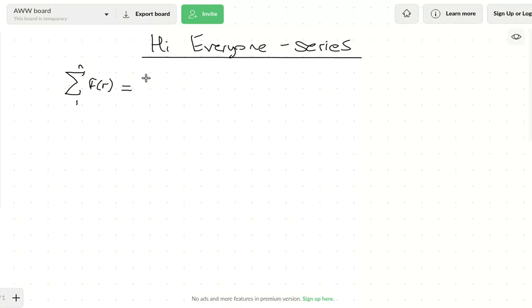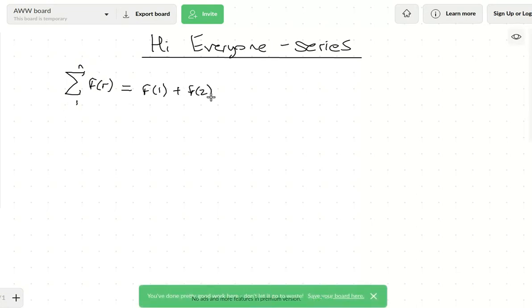So what this really means is I'm going to plug 1 into my function first. And then I'm going to plug 2 into my function, and add it to the value of whatever 1 was after I popped it in the function. Then I'm going to plug 3 in, etc., etc., all the way up to f of n minus 1 and then f of n. That's what the actual meaning is behind that statement.